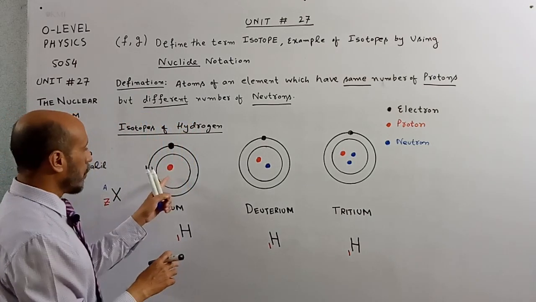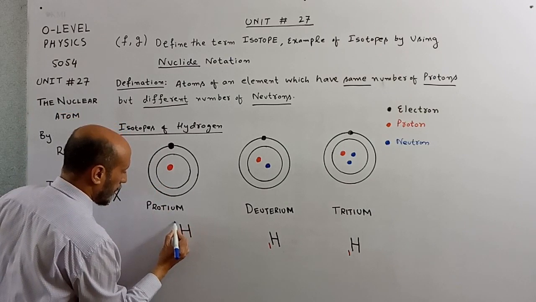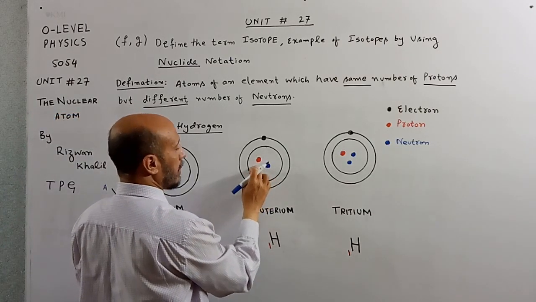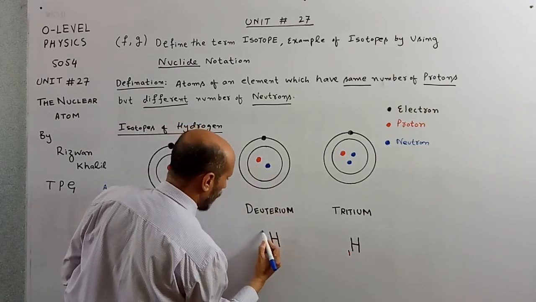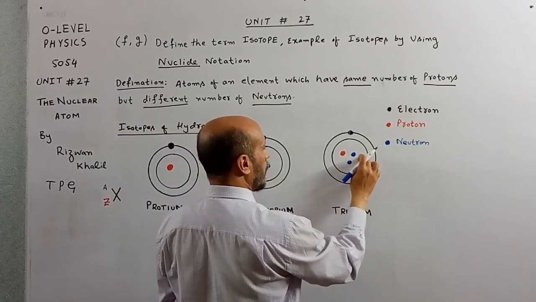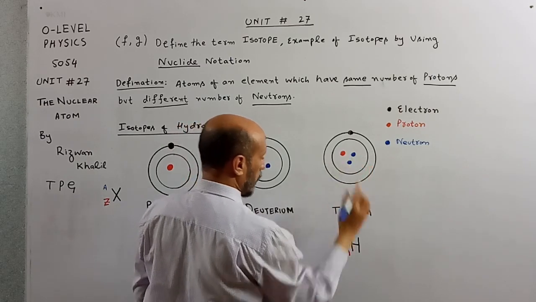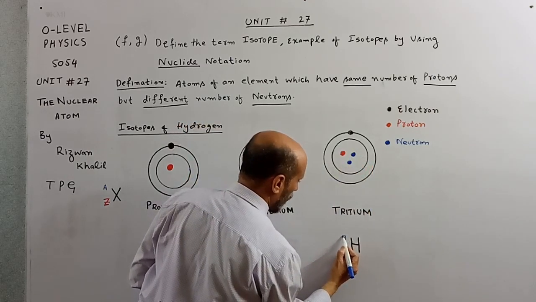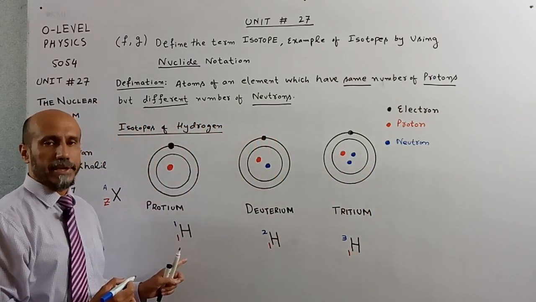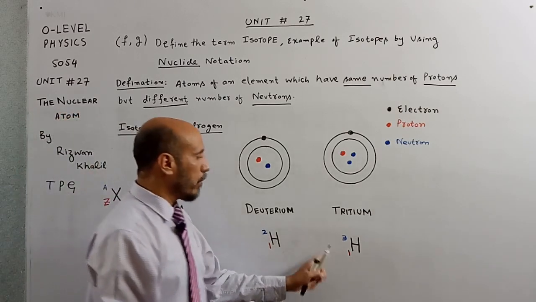Since there is no neutron over here, 1 plus 0 is equal to 1. There is one neutron over here along with one proton, so 1 plus 1 is equal to 2. There are two neutrons and one proton, so 2 plus 1 is equal to 3. In this way, by using nuclide notation, we can represent different isotopes of hydrogen: 1H1, 1H2, 1H3.